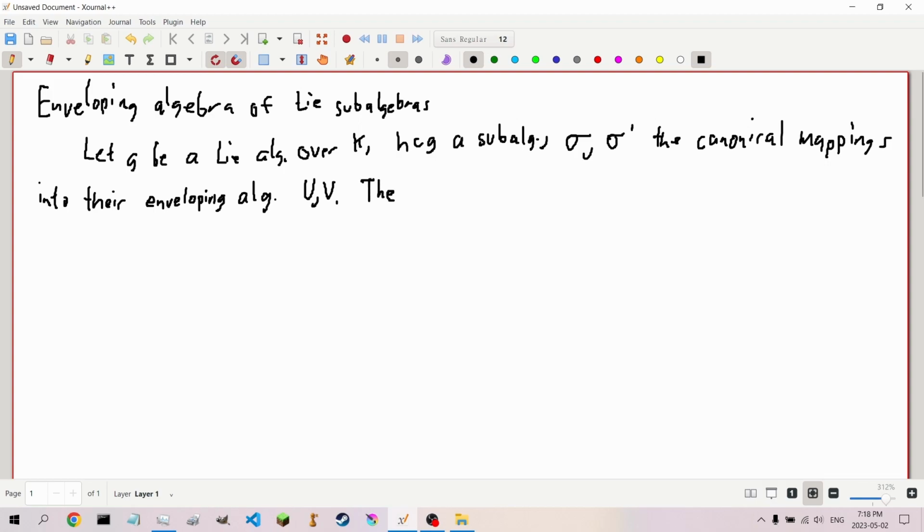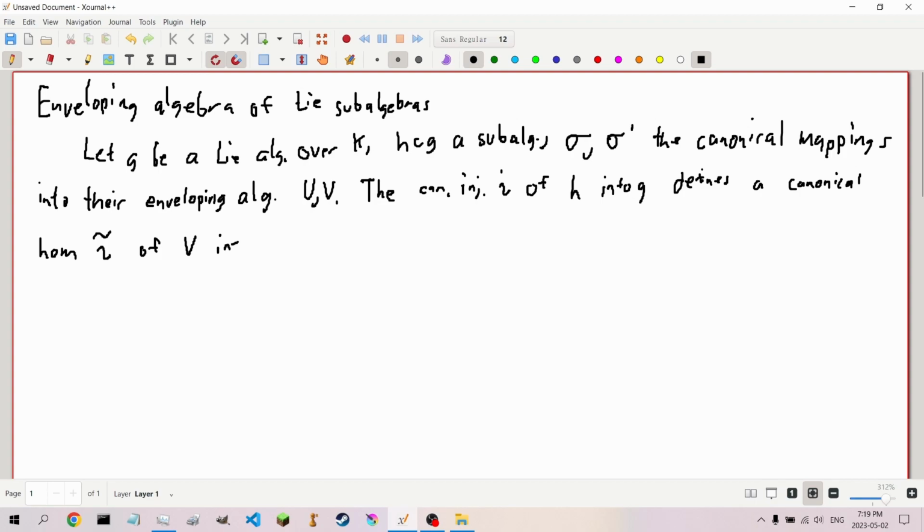Then the canonical injection, I'm going to write it fancy, of H into G defines a canonical by definition homomorphism I, but with a tilde on top, of the enveloping algebra of the subalgebra into the main algebra.